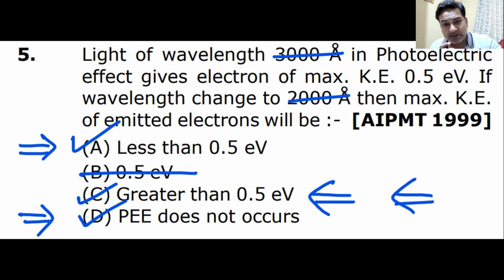If the wavelength is more than the threshold wavelength, photoelectric effect does not happen. If the wavelength is less, photoelectric effect happens, and the option is A. Do we understand this? Yes, sir. So that is how you solve questions and that is how you get answers. Am I correct? Right, sir.